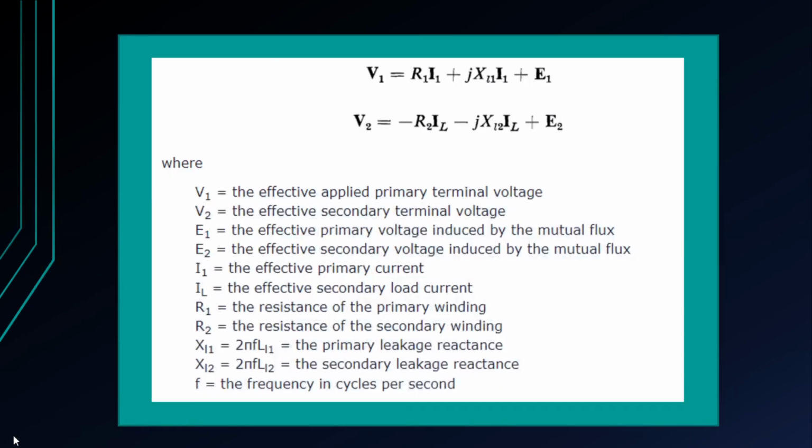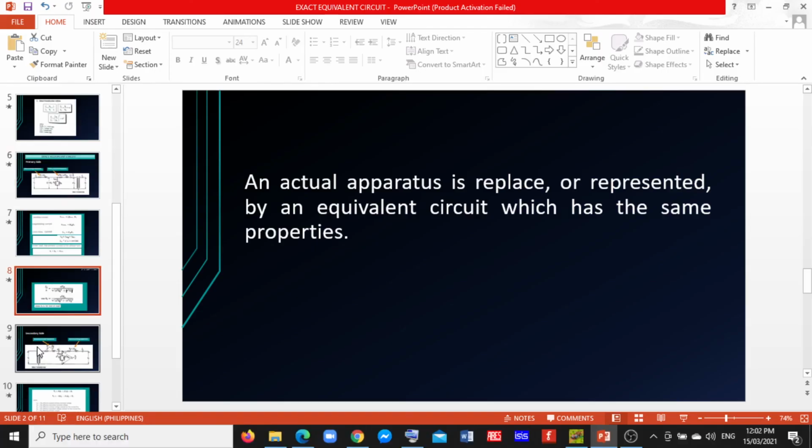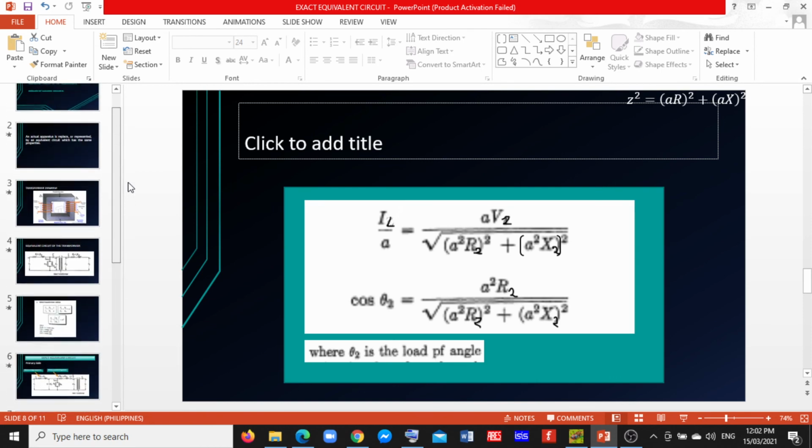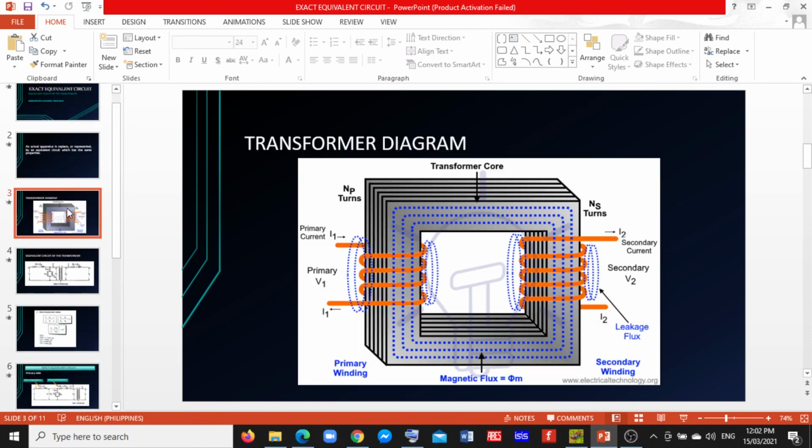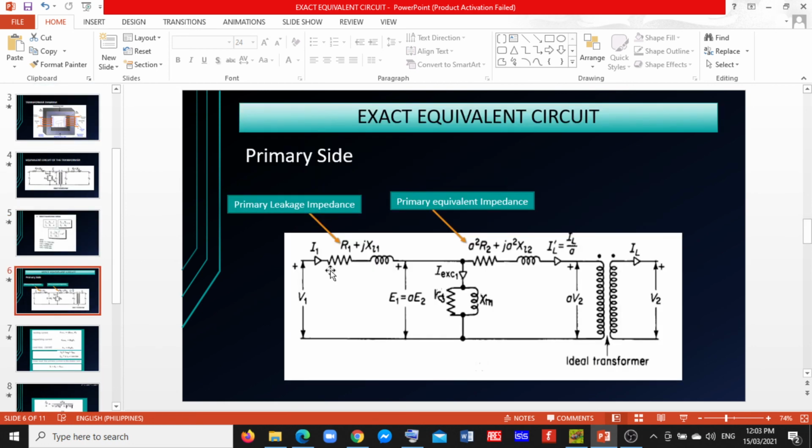Doon makikita natin na the transformer ratio, dito makikita natin na yung under the magnetic flux, we have here the primary equivalent impedance.